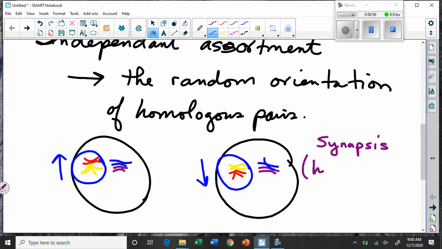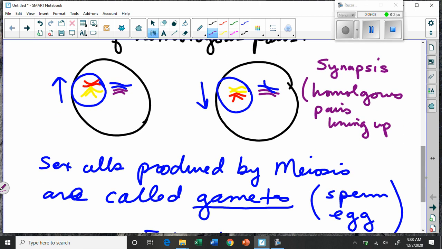And I'll just put homologous pairs lining up, and of course that happens in metaphase 1 of meiosis. So it has a name, synapsis.